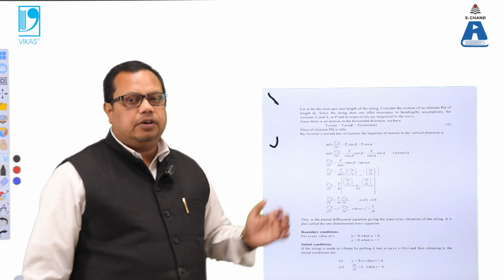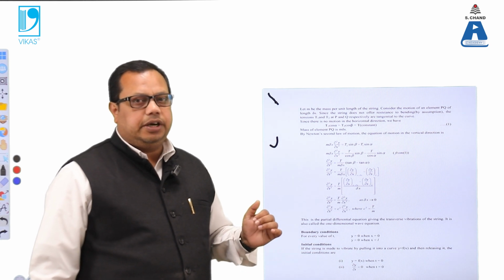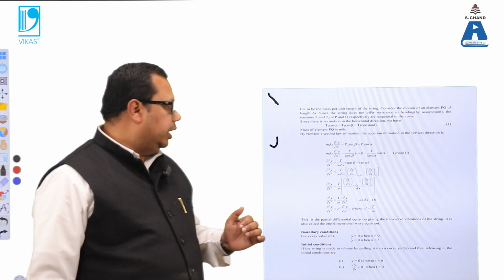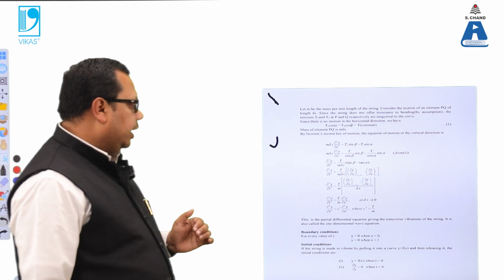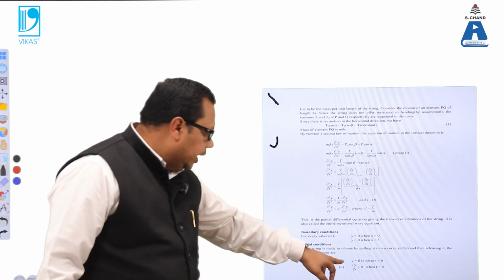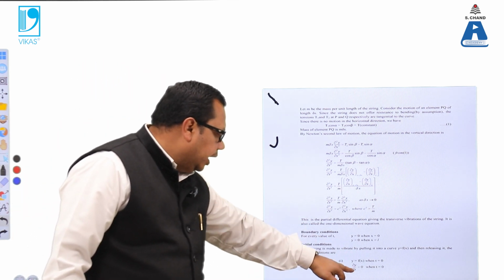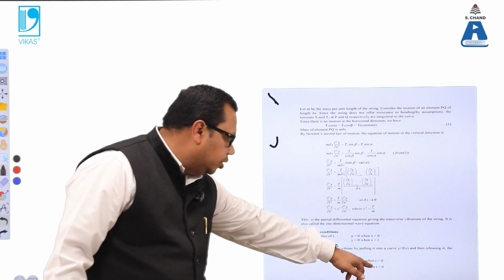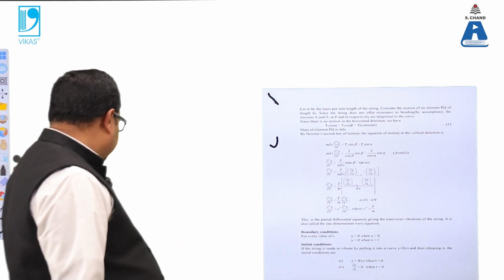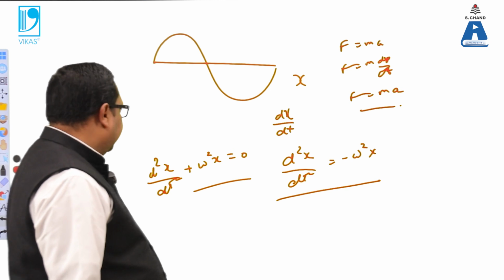Then we calculate the variation in the string, how the variation is acting on it. We take the initial conditions: y = f(x) when t = 0, and dy/dt = 0 when t = 0. These are the conditions that we have calculated.